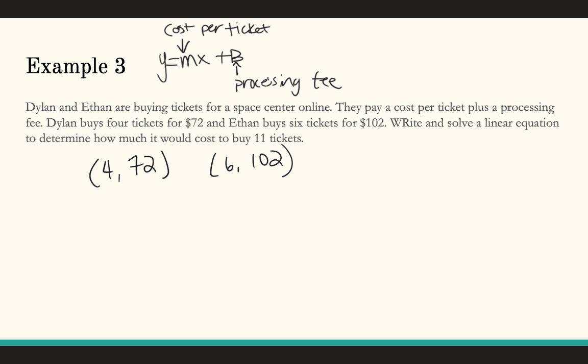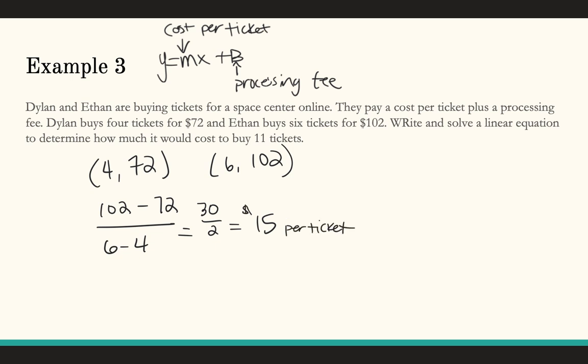And that's how you know that you have to find the 2 points. So here, we're going to find the slope first. So I'm going to do 102 minus 72 and 6 minus 4. That's when I'm all done with this, this is going to give me how much the cost is per ticket, which in this case, it is $15 per ticket.